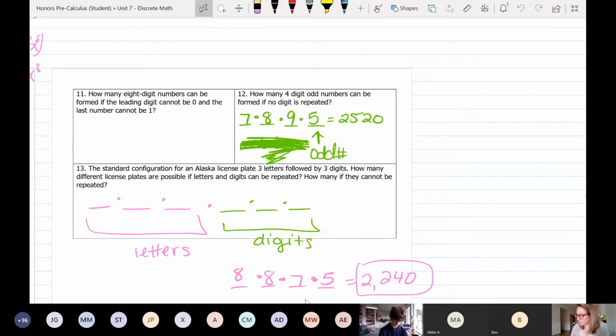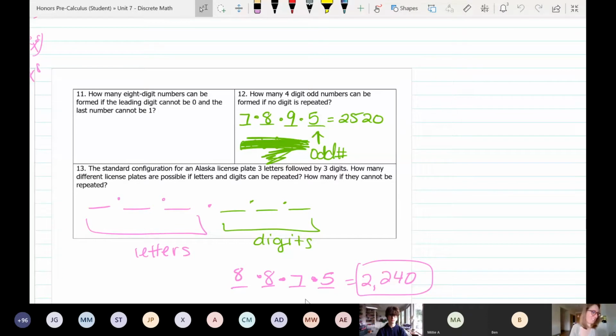For the first part, if we can repeat, the first thing you have to ask yourselves is how many letters are there in the alphabet? There's 26. Fun fact, there used to be 27, because the ampersand used to actually be in the alphabet, but it's not anymore, so we only have 26.